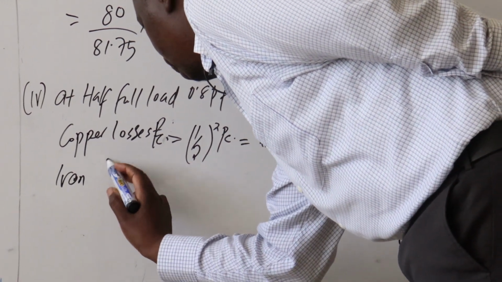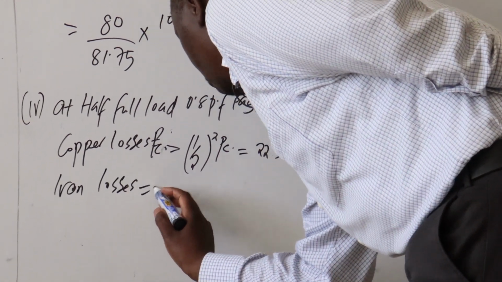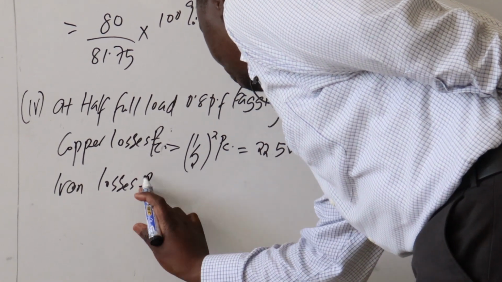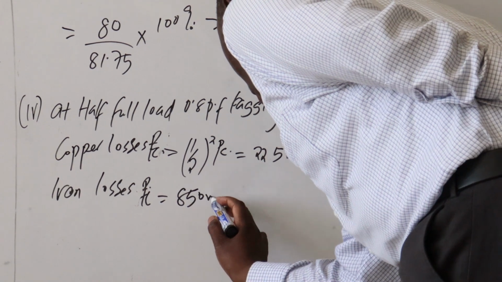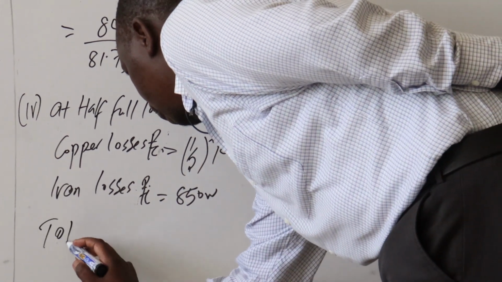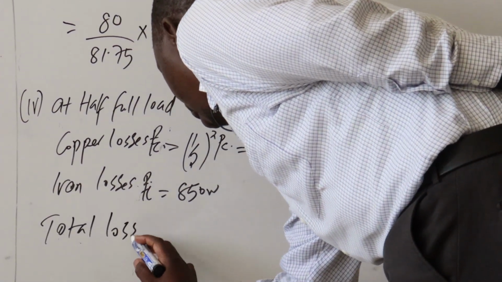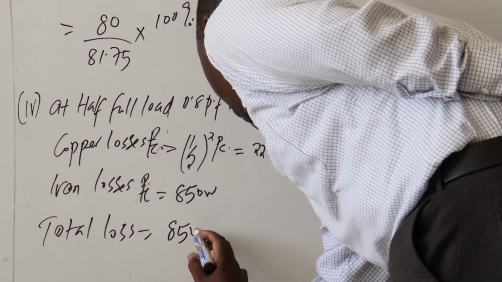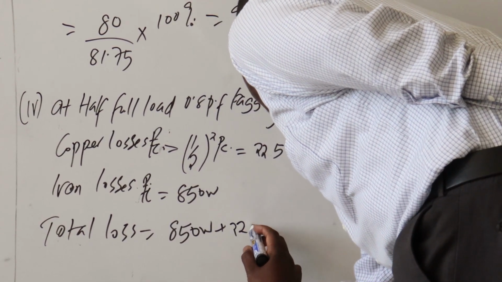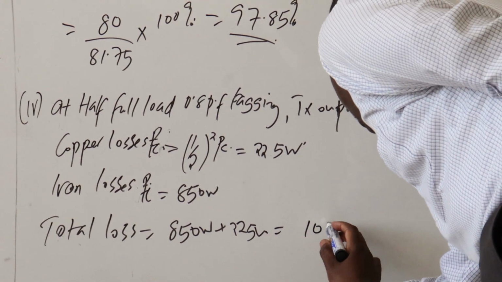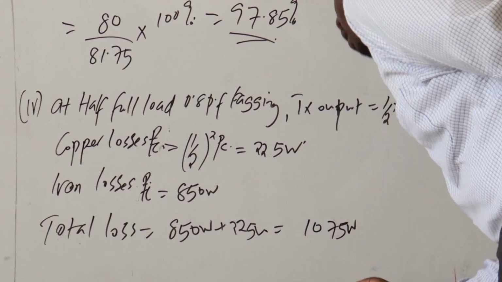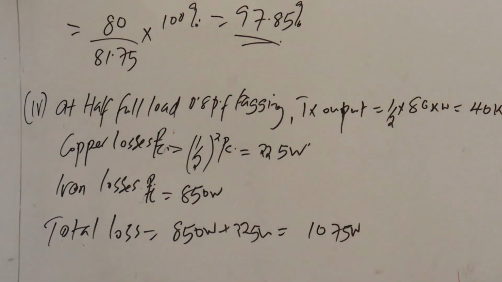We still maintain iron losses as P of I, which will work out as 850 watts. So you can have total losses, which is 850 watts plus 225 watts, which is 1075 watts.